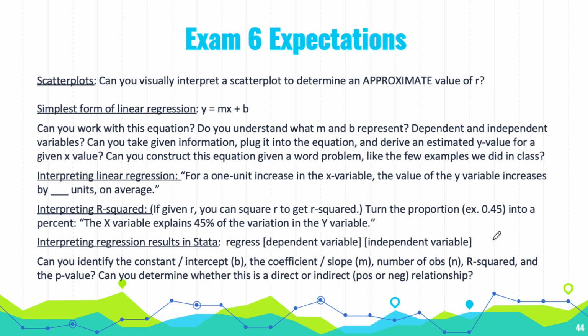And you'll want to practice a little bit with interpreting regression results from Stata. Can you identify the constant or the intercept B, the coefficient slope M, the number of observations N, find R squared in the upper right-hand corner, and interpret the p-value? Can you determine whether this is a direct or indirect relationship? Of course, by looking at the positive or negative sign next to M, your slope.